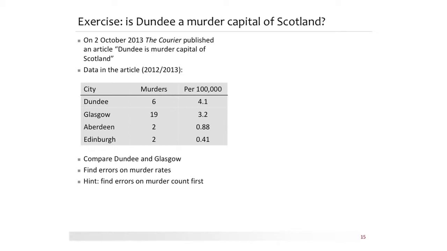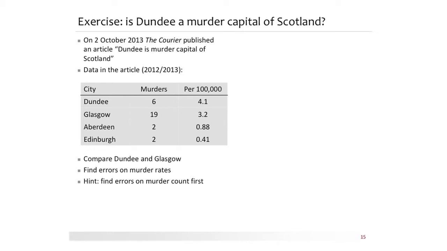In the paper they quoted these data, showing the number of murders, from September 2012 to September 2013, in each of the 4 cities here, and the rate per 100,000 inhabitants. There are 6 murders in Dundee and 19 in Glasgow, but the rate per 100,000 is 4.1 in Dundee and only 3.2 in Glasgow. So they looked at this and said, yes, we are the worst, so murder capital.